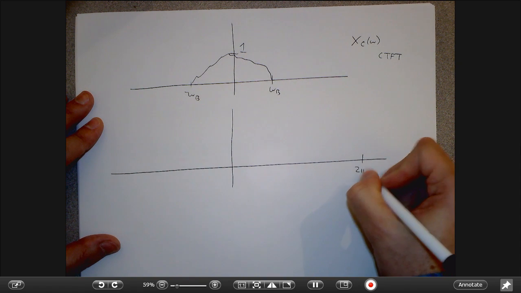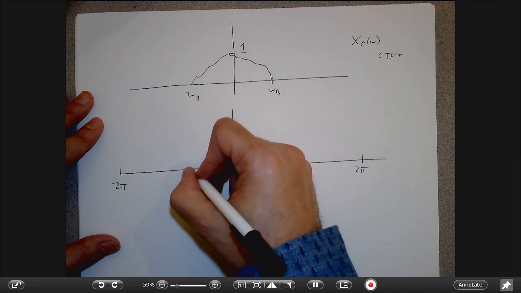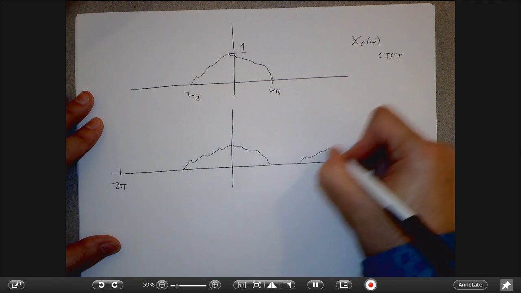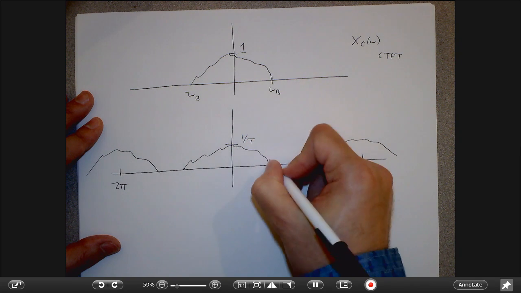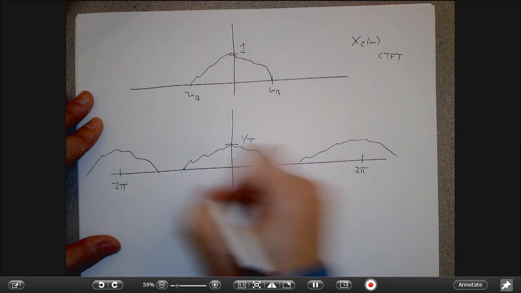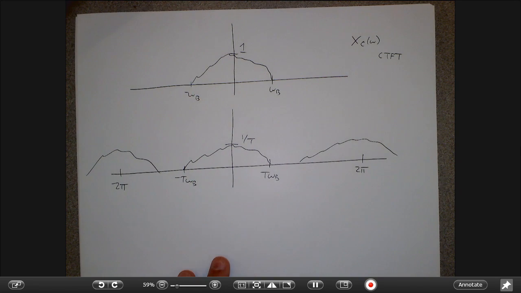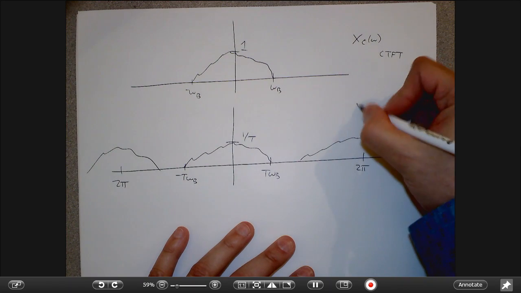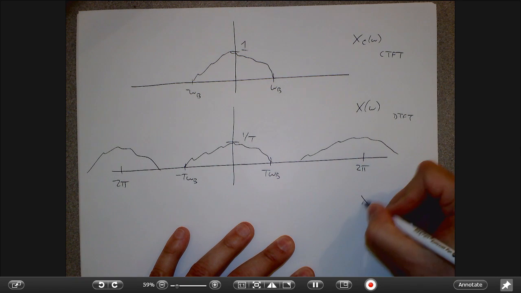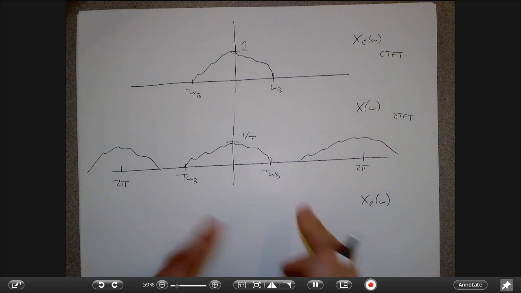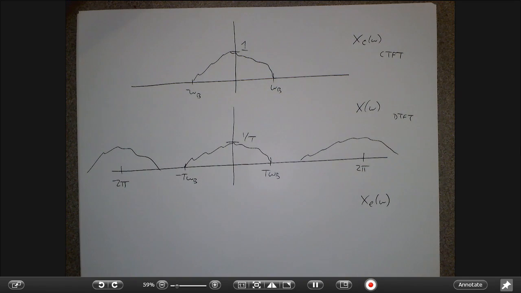Those copies occur at multiples of 2 pi. Height becomes 1 over T. The bandwidth becomes T omega B. And so what is the Fourier transform of the expanded guy?